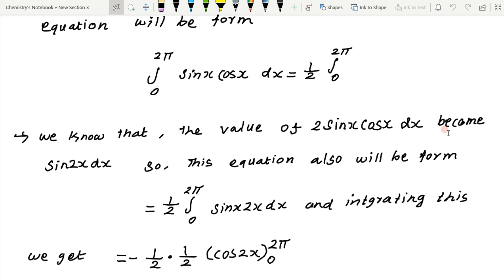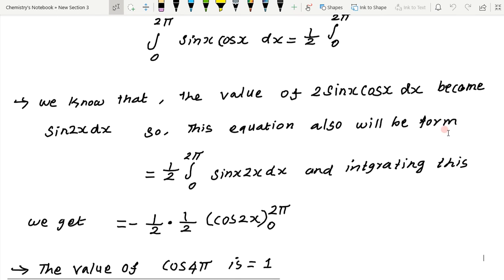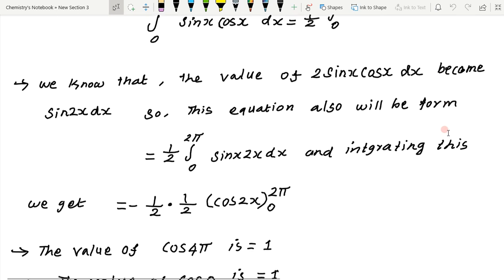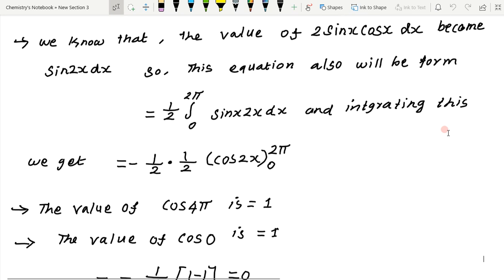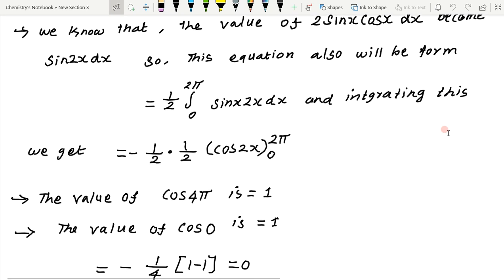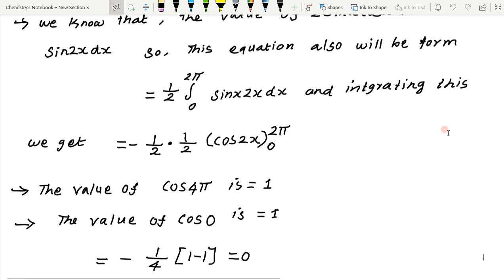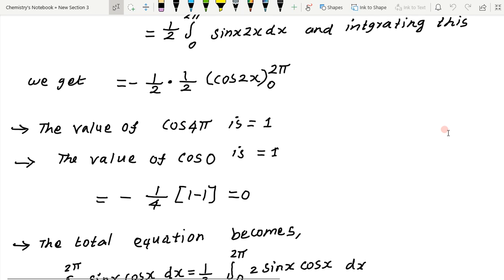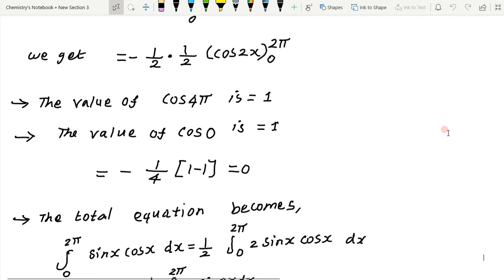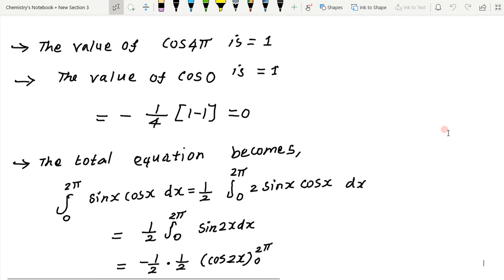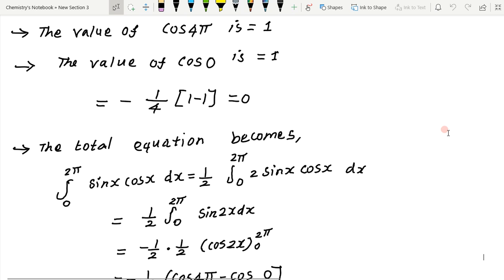We know that 2 sin x cos x becomes sin 2x. So it equals 1 by 2 times the integration from 0 to 2 pi of sin 2x dx, and integrating this we get minus 1 by 4 cos 2x from 0 to 2 pi. The value of cos 4 pi is 1, and the value of cos 0 is 1. So this equals minus 1 by 4 times (1 minus 1), which equals 0.